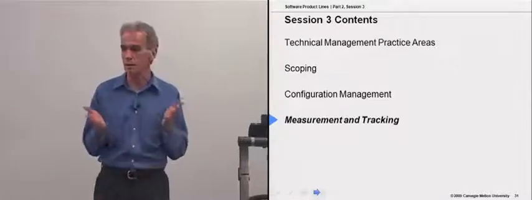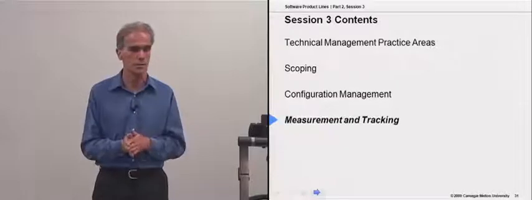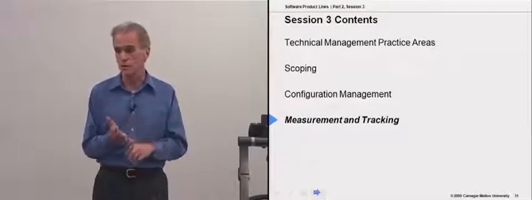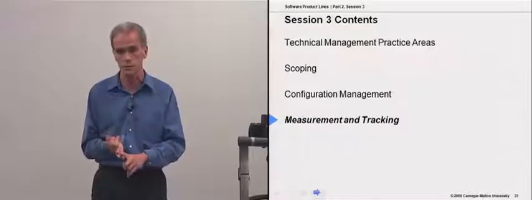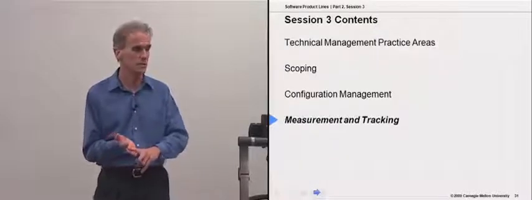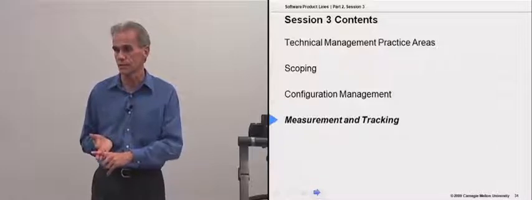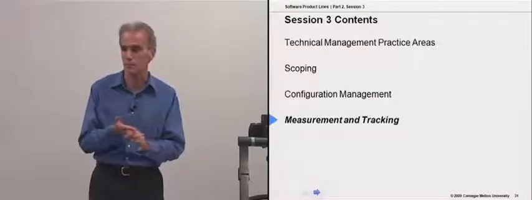But somewhere in that product line organization, there has to be somebody who really knows the configuration management process and really knows the capabilities of the tool and is capable of enforcing that at core asset development and product development.